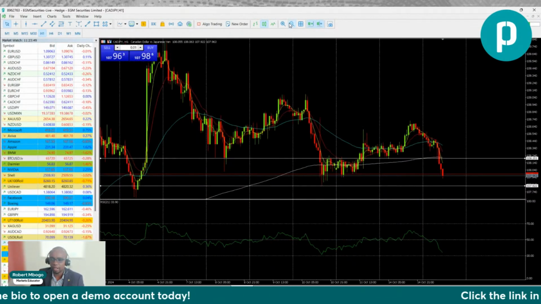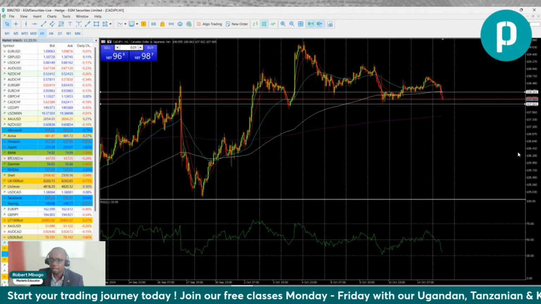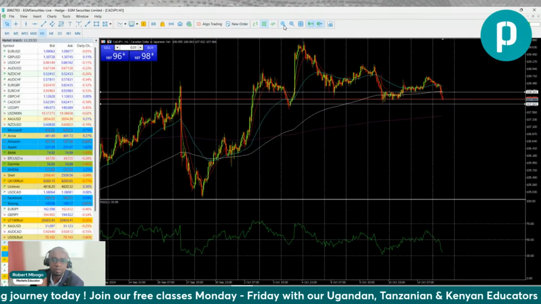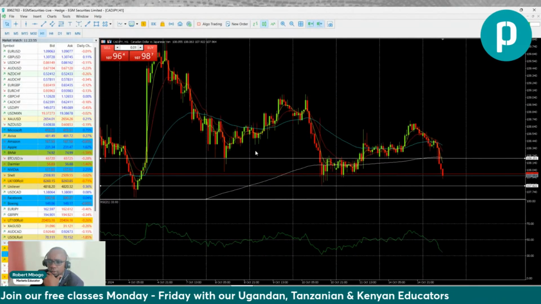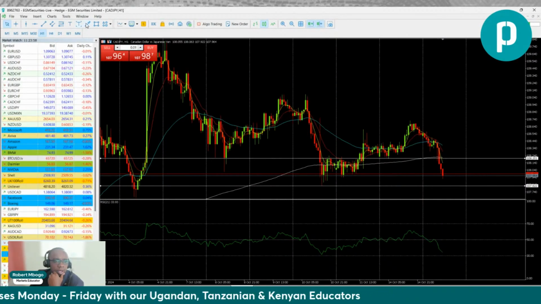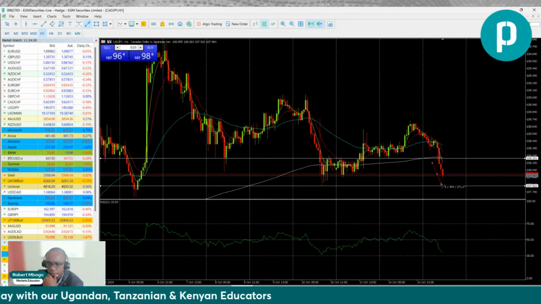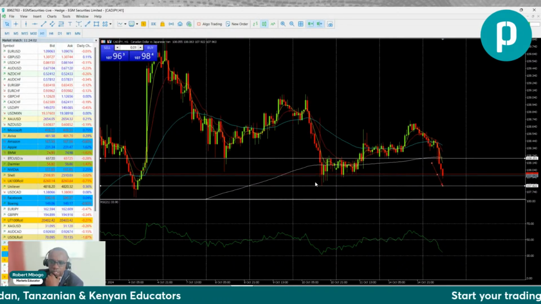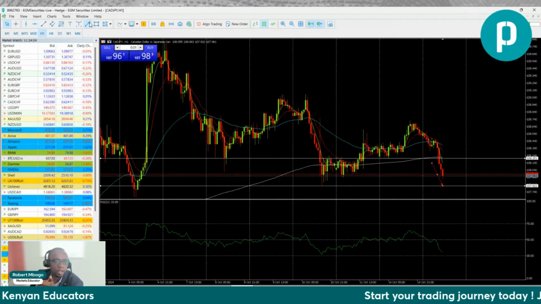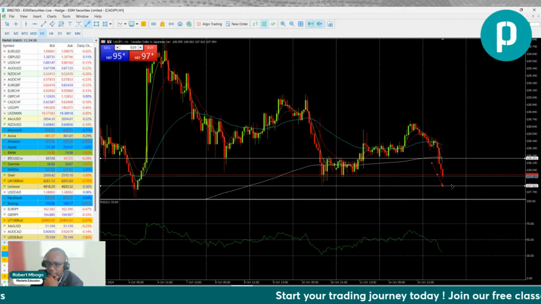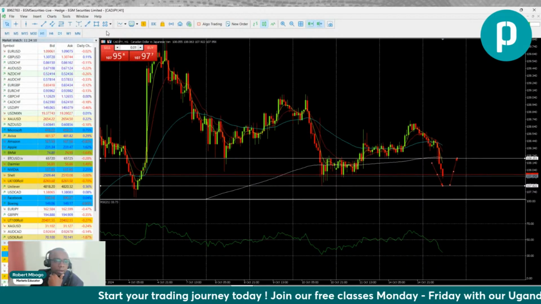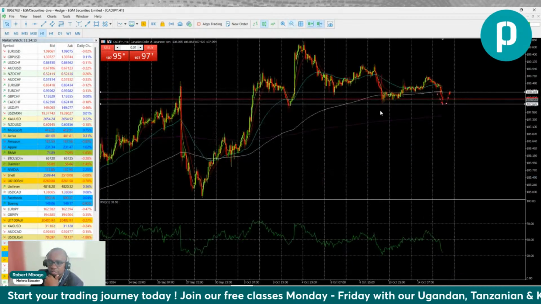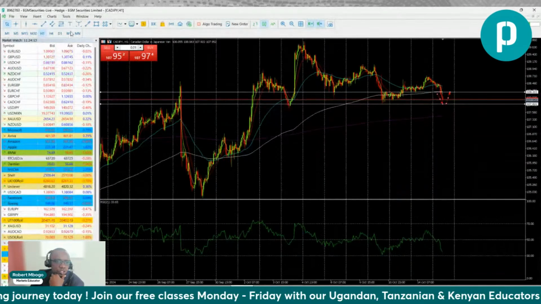So if I analyze CADJPY, this is what I'm looking at. I'm looking at a bearish push to test last week's low, and then we could see some bulls come in, and then maybe after that we could see some bears push the market down.